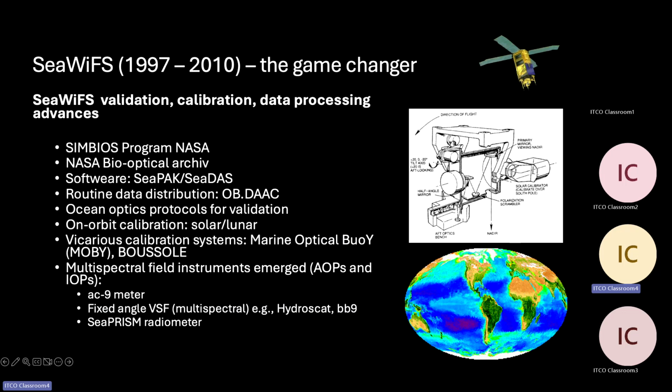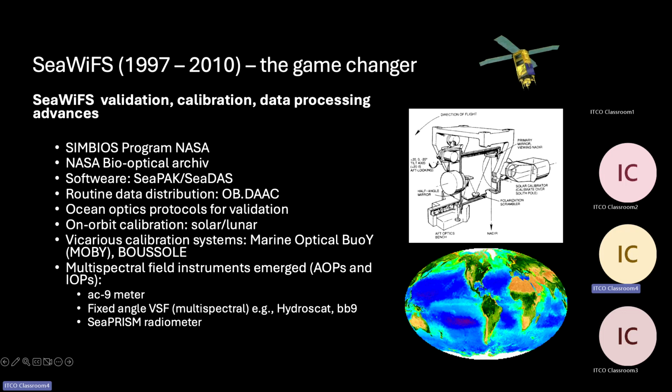There are some other things here. SeaWiFS drove the community to innovate, and they had the SIMBIOS program at NASA, which was a validation program. New instruments came out of it, there were validation protocols, and there was software for processing, SeaDAS, which we'll talk about later. They came up with ways of calibrating the sensor on orbit, looking at the sun and the moon, and a number of the instruments that emerged for the field with these multispectral sensors came out of these programs.